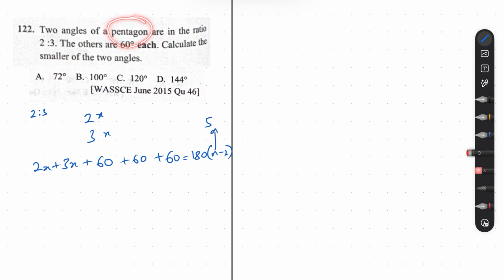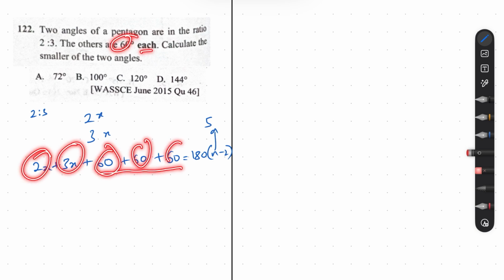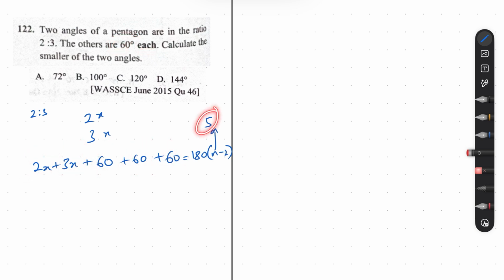This is the sum of interior angles of a polygon, and these are our 2 ratios. The 60s are what we've been given: the others are 60 each. We've been given 2 angles, and the rest of the 3 angles will be 60, since we have only 5 angles. So 3 of them are 60, and 2 of them are in the ratio 2:3.